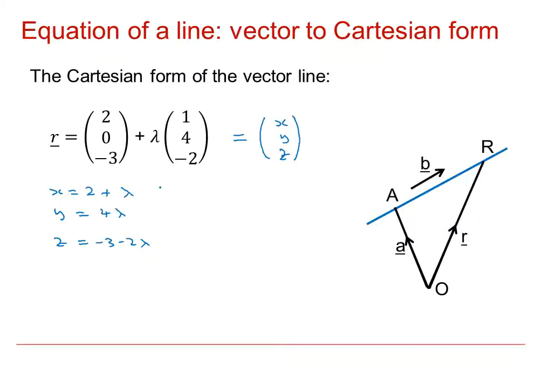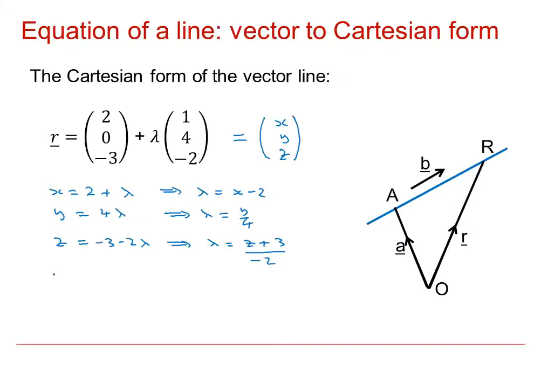And if we rearrange each of these for lambda, lambda can be written as x minus 2, lambda can be written as y over 4, and here lambda can be written as (z plus 3) over minus 2.